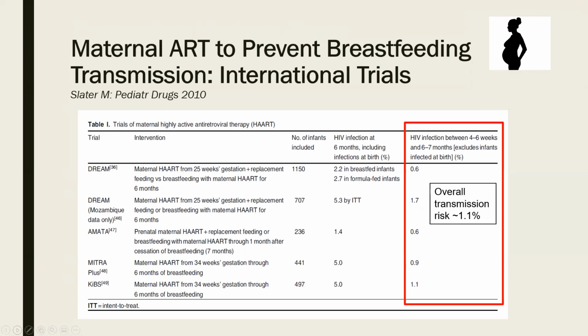Bear in mind, most of these studies were done at a time where universal ART for the mom, both antenatally and postnatally, was not always the standard of care. So we desperately need new trials now where we can evaluate breast milk associated transmission in the face of 3-drug maternal full ART during the postnatal period.